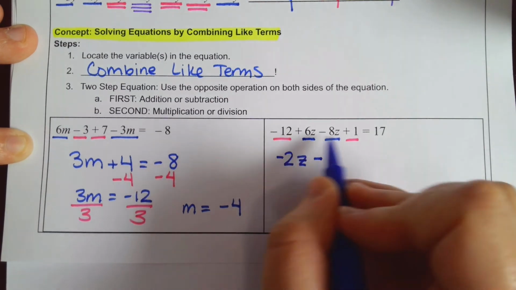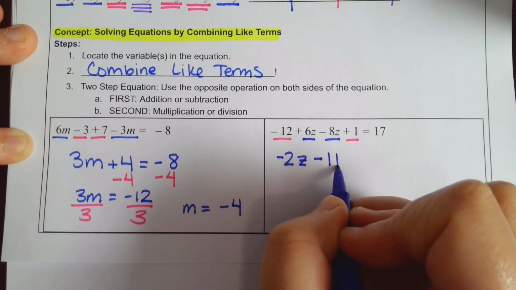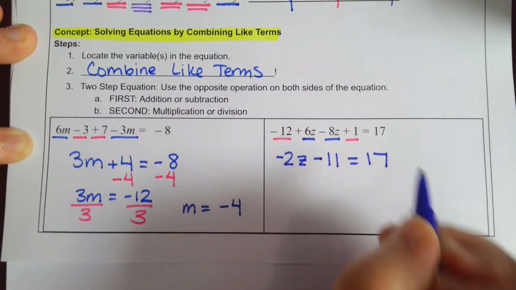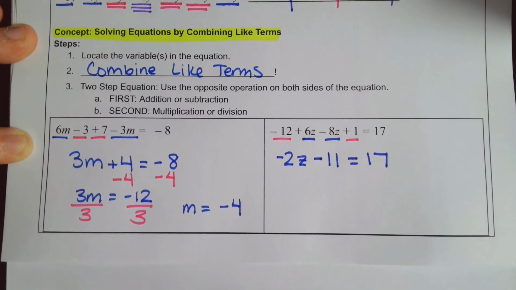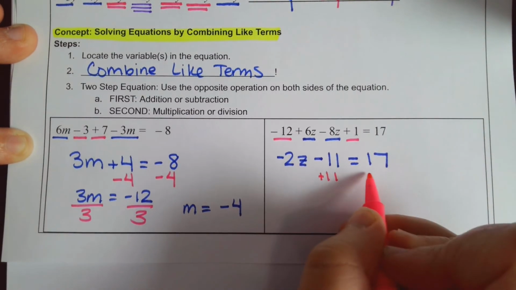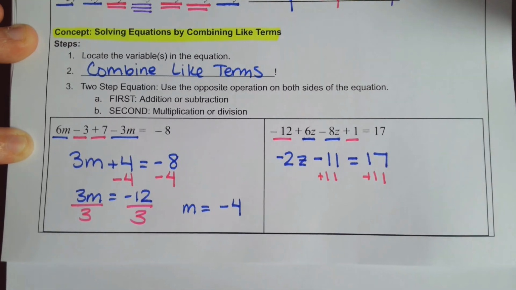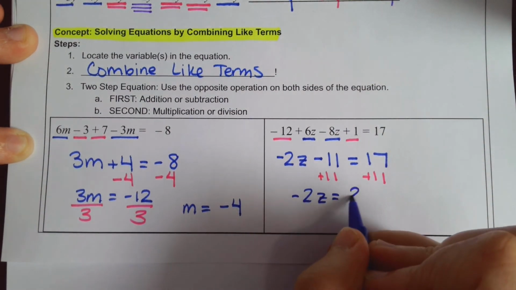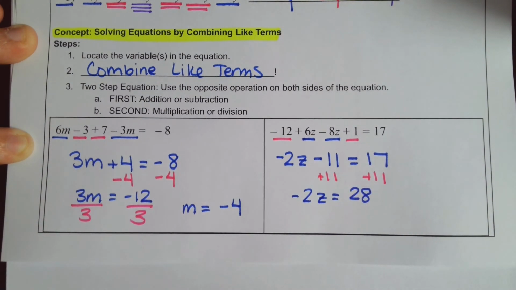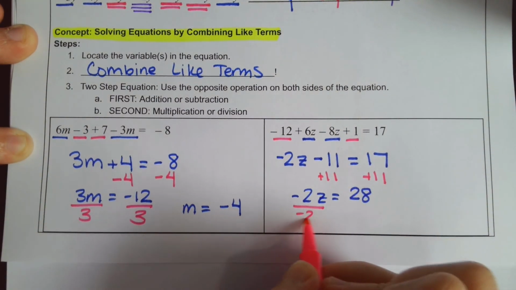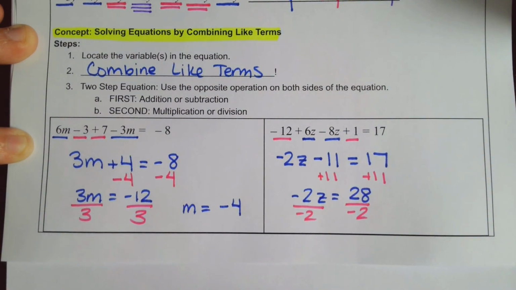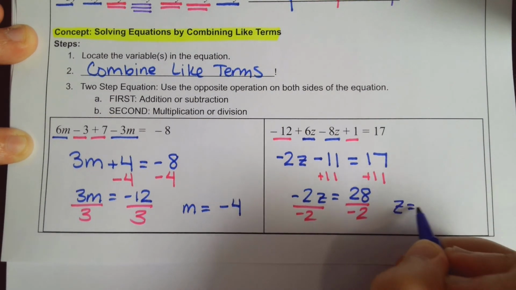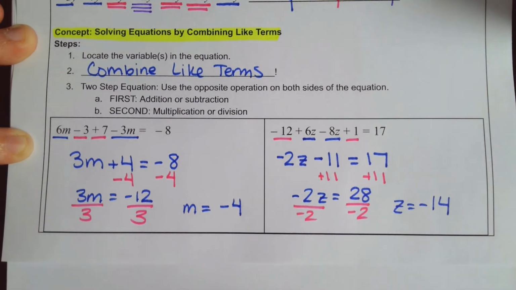And then negative 12 plus 1 is negative 11, is equal to 17. Now we solve. Add 11 to both sides. Negative 2z is equal to 28. Divide by negative 2. And z is equal to negative 14.